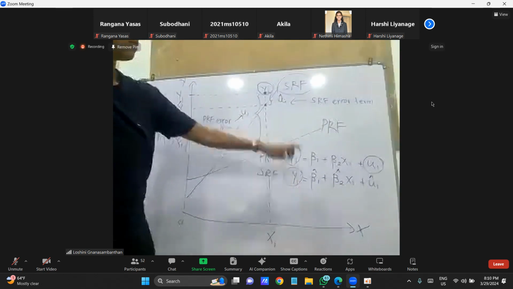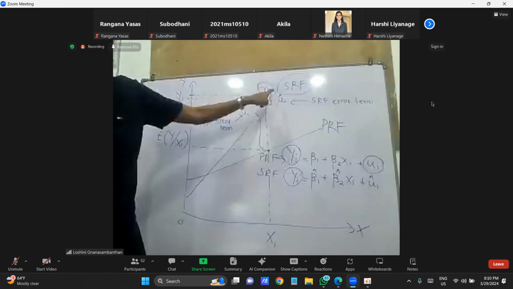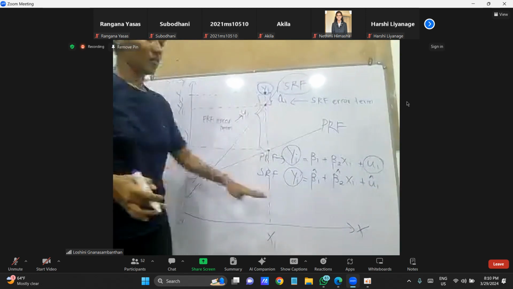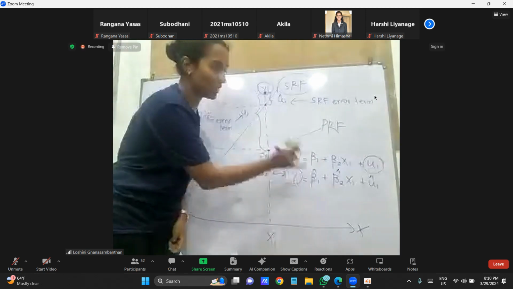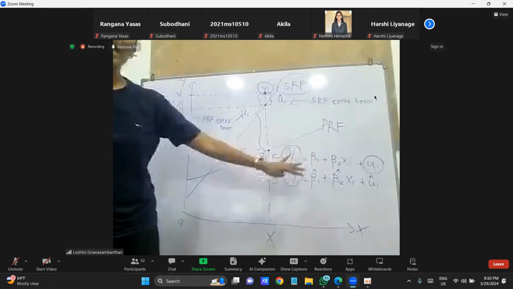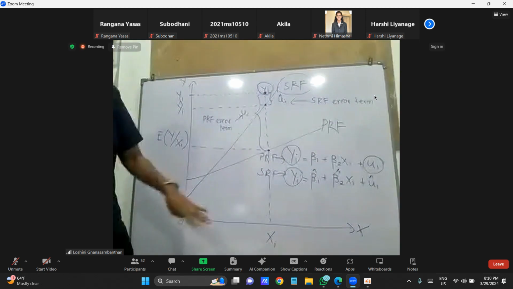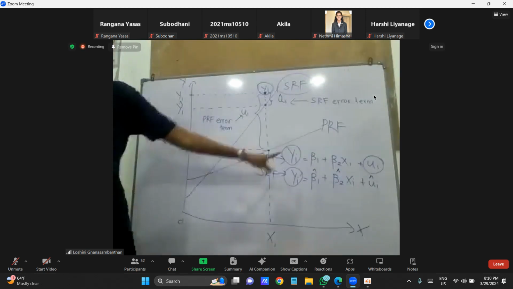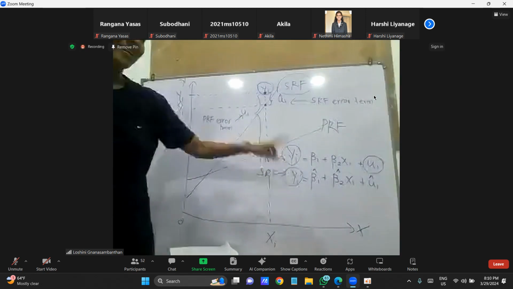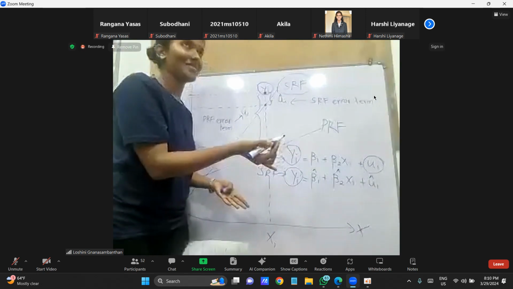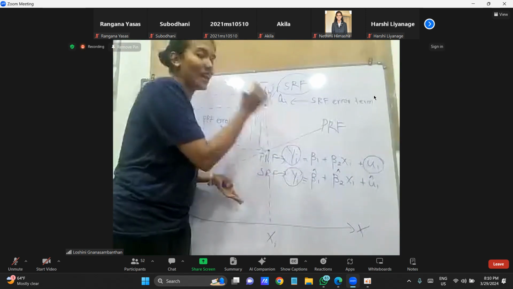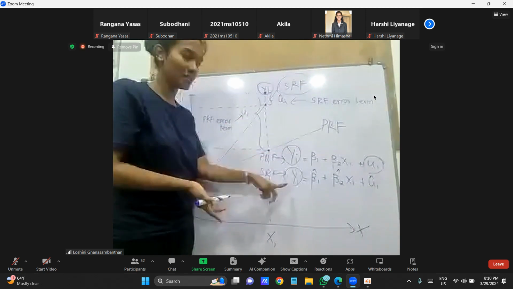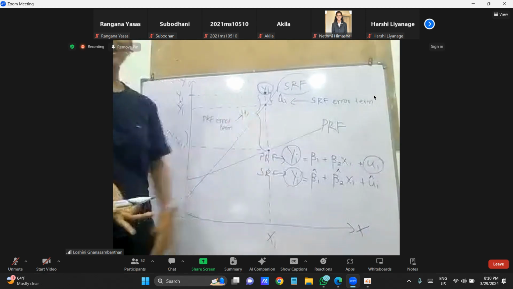Even if you add this Ûi, it reaches Yi from the SRF point. So in the stochastic version both are Yi. But in the deterministic version, this is Ŷi and this is the expected value of Y given X, the conditional mean of Y given X.